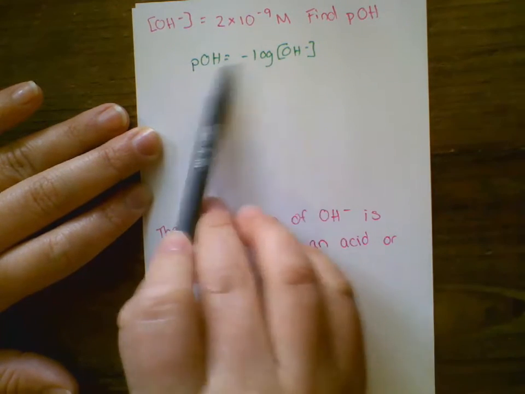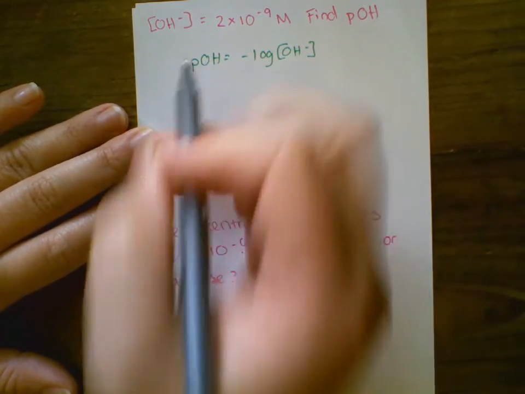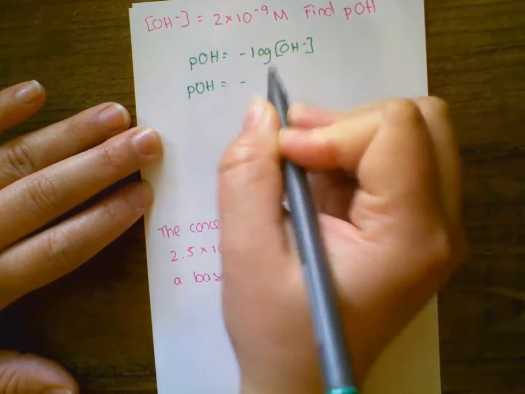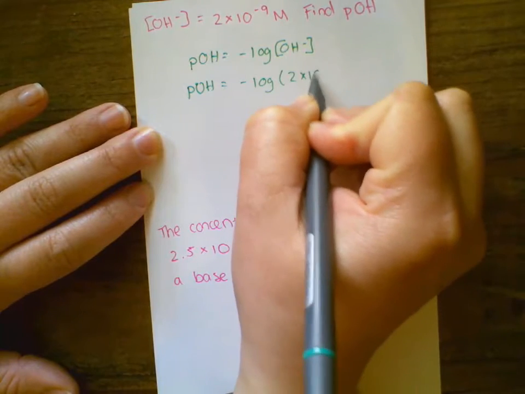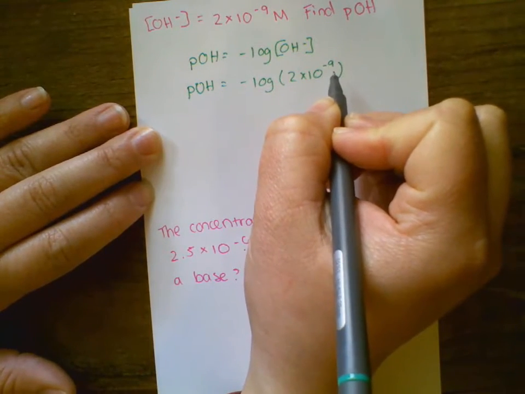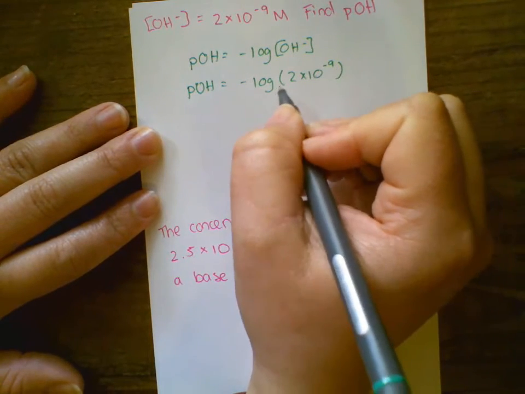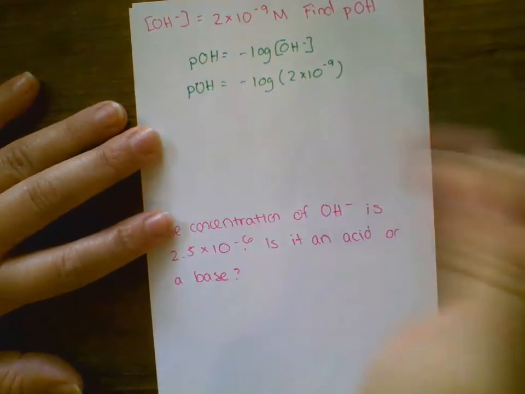So we've just switched both of these to OH. As long as I switched both of them, it still works the same way. So my pOH in this case is equal to the negative log of 2 times 10 to the negative 9th. Remember, really small number, negative exponents, means that we're moving our decimal point to the left, so we're going to make this a really, really small number.